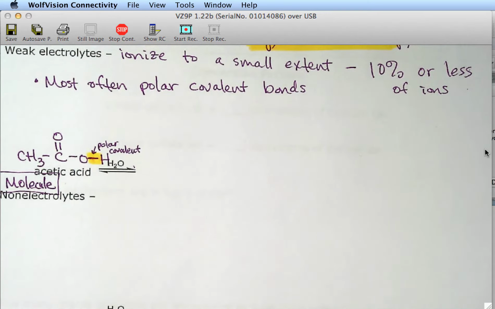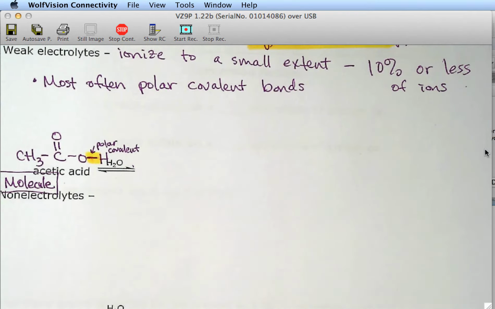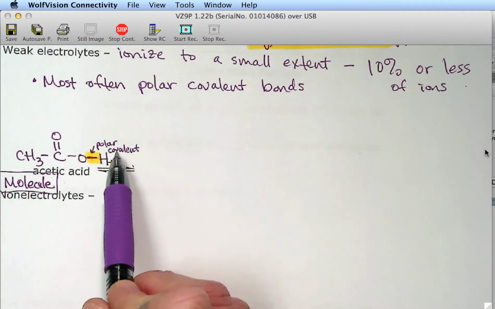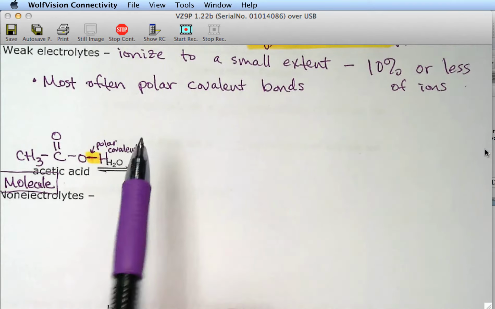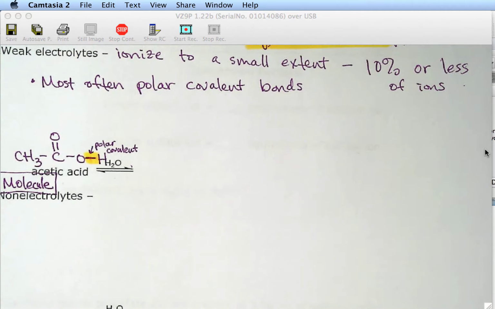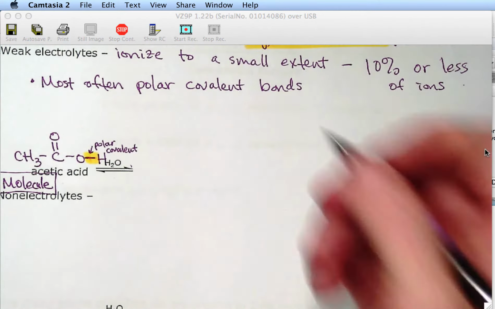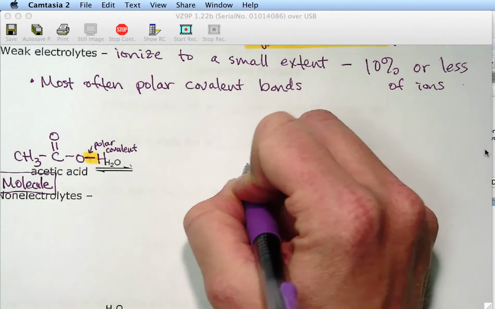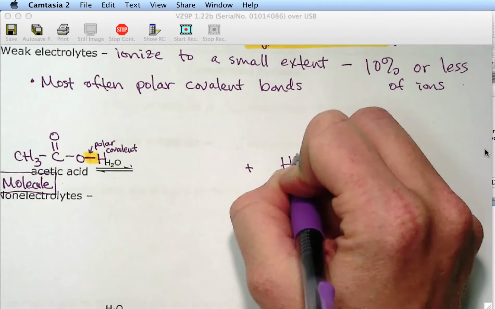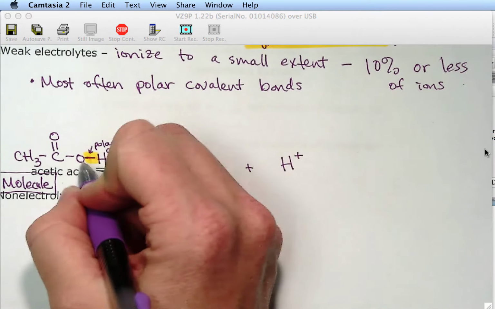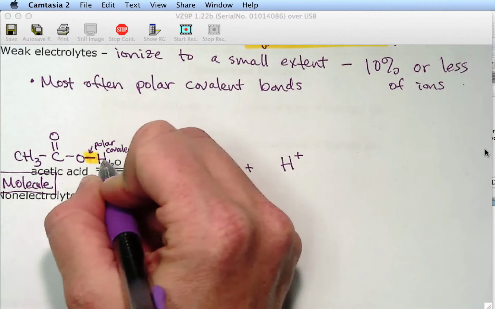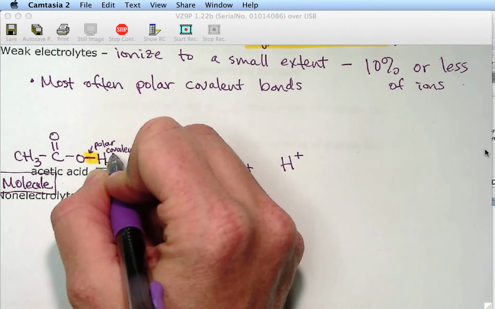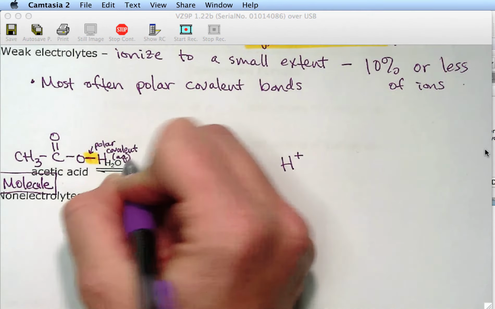So the ion that acetic acid forms, remember, it's an acid. And what acids do, and we'll talk about this later on in Unit 5, is they produce H+ in solution. So it goes to H+ (aq). Acetic acid, depending on what you're dealing with, could be aq or liquid.